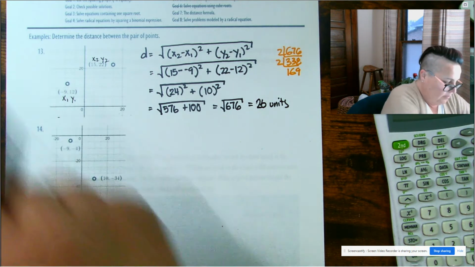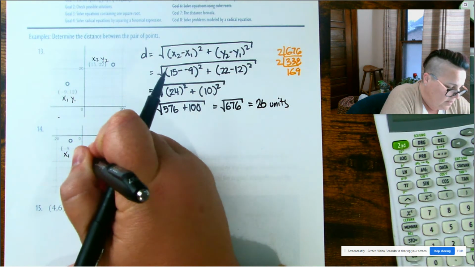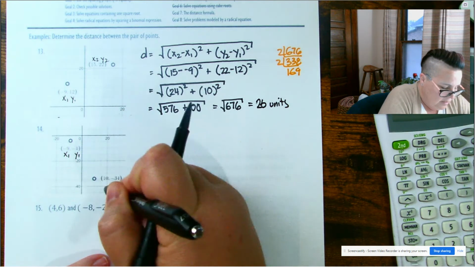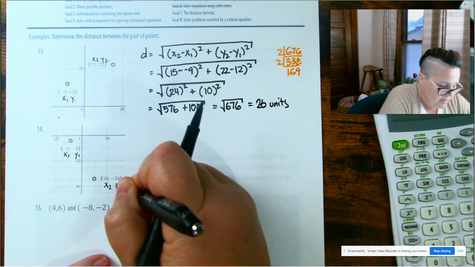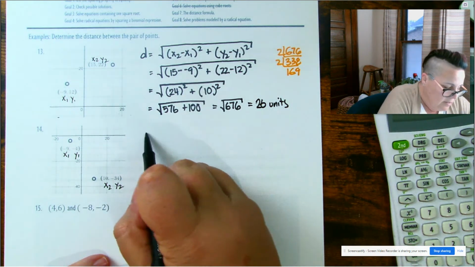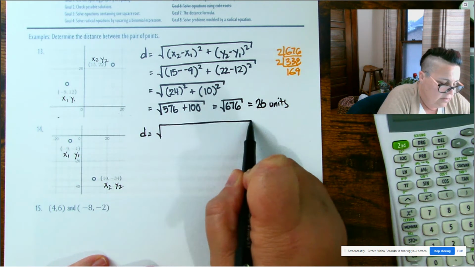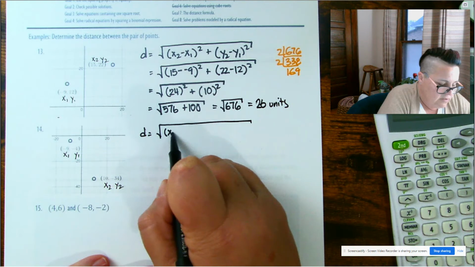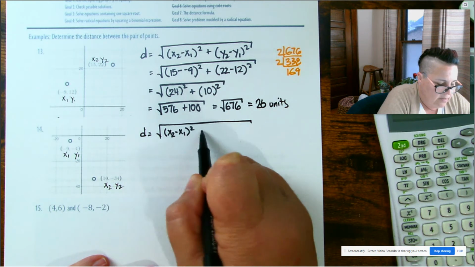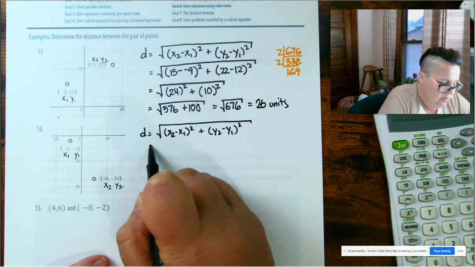All right, let's take a look at number 14. Same problem. I'm going to make this one x1 and this guy y1, and that'll make this guy x2 and this guy y2, just to show you that it really does not matter. The distance here would be the square root of x2 minus x1 squared plus y2 minus y1 squared.